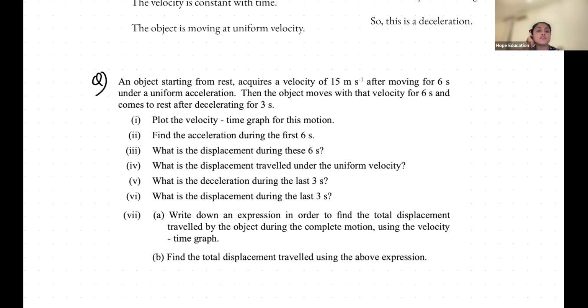All right. An object starting from rest. I will highlight the important parts.